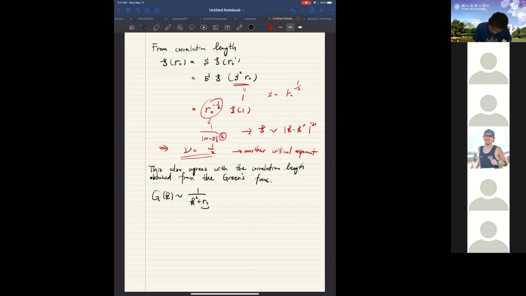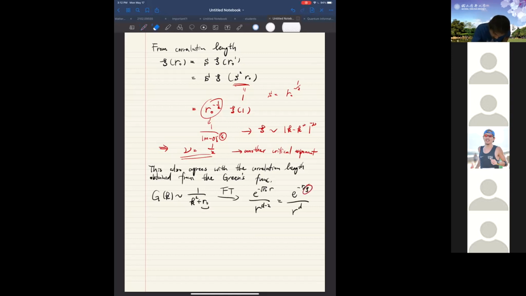We can do a Fourier transform to extract the correlation length, because we define the correlation length from the Green's function basically in real space. So we get this kind of form if you do the Fourier transform, and then from the definition, the correlation length is basically defined as the exponential divergence length here.